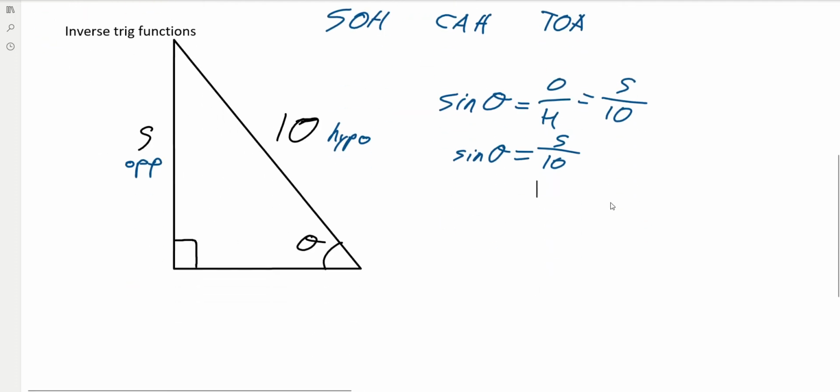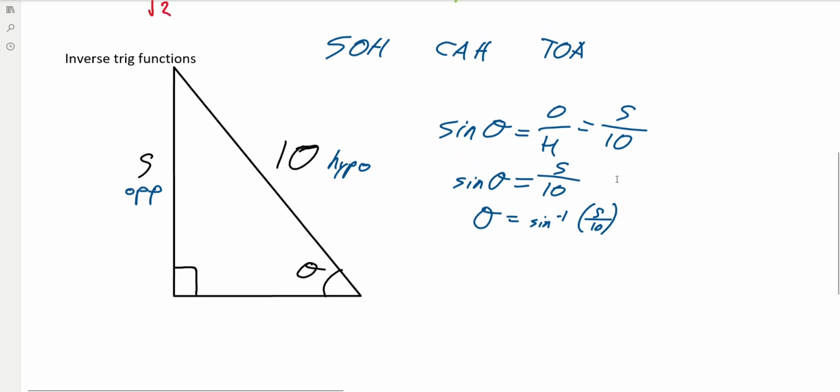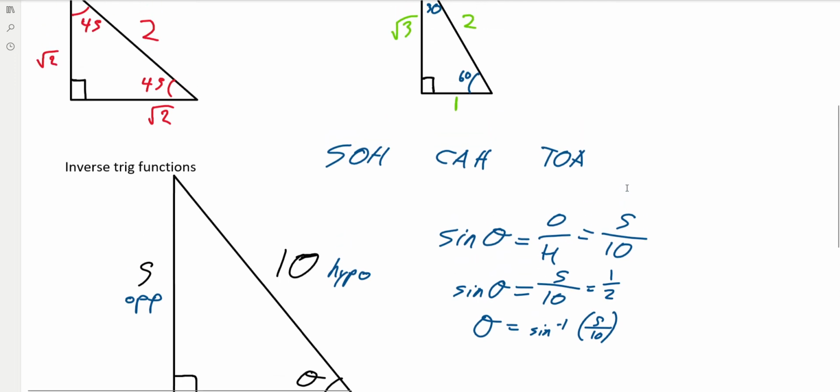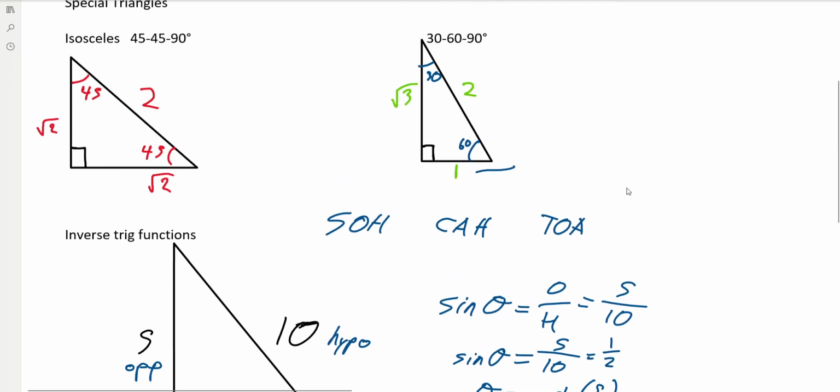So theta equals sine inverse of 5 over 10, or another way to simplify it is 1 over 2. And if you can simplify it to 1 over 2, that means we have 1 over 2.